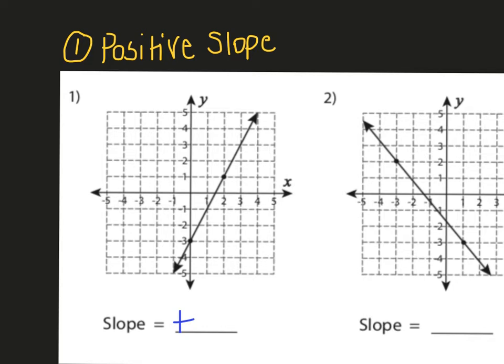Okay, so I'll automatically look at this and I see that I should be ending up with a positive number. And I also look to see if there's already points on the line that I'm supposed to work with. And there are. I have this one and this one.